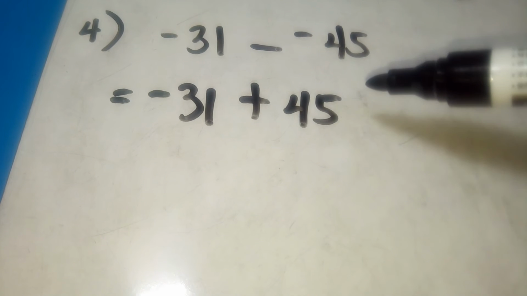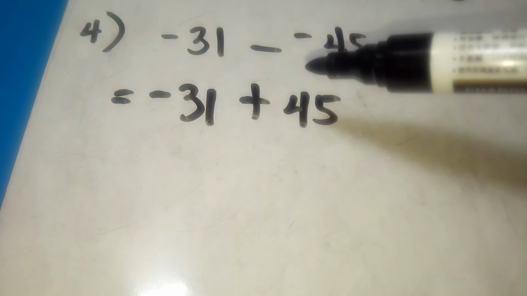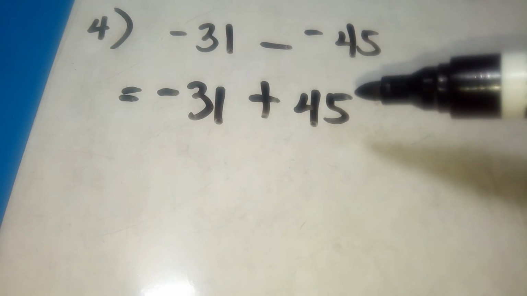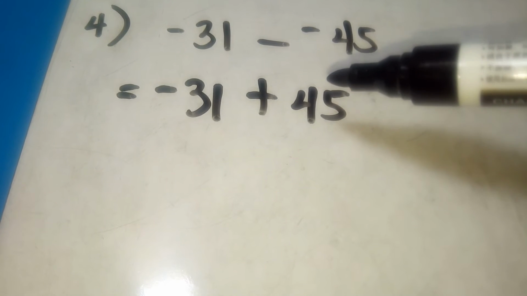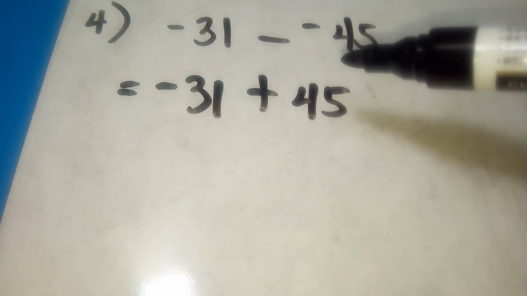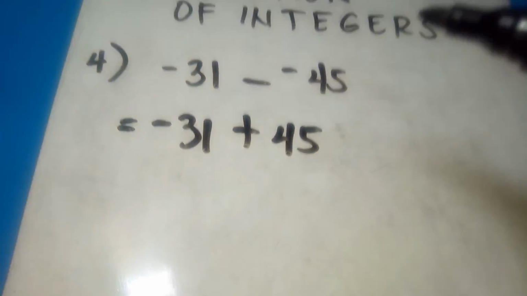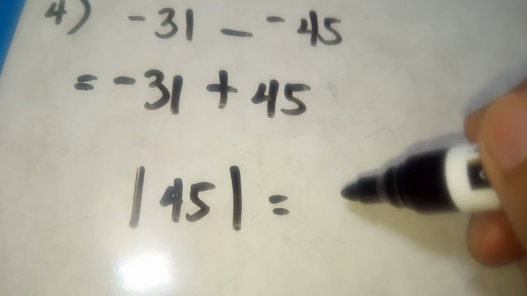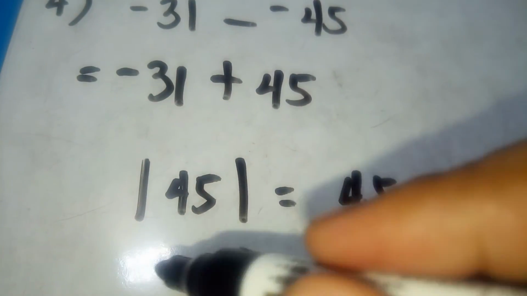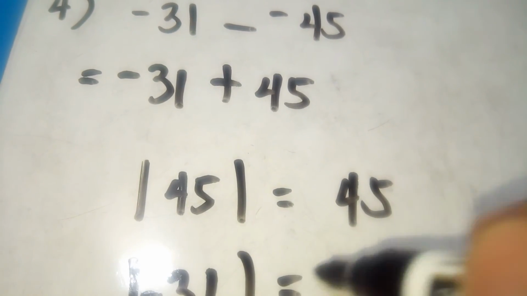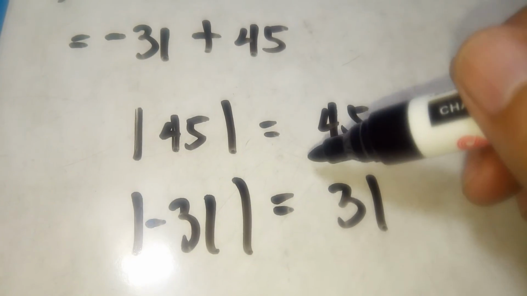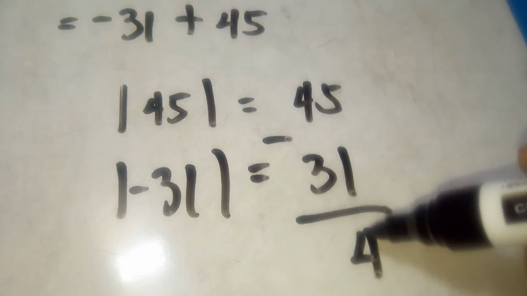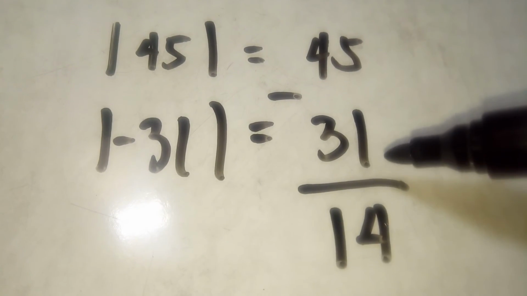The absolute value of 45 is much bigger than the absolute value of negative 31, so we take the absolute value of 45 first. That's 45, and the absolute value of negative 31 equals 31. Take their difference: 45 minus 31 is 14.